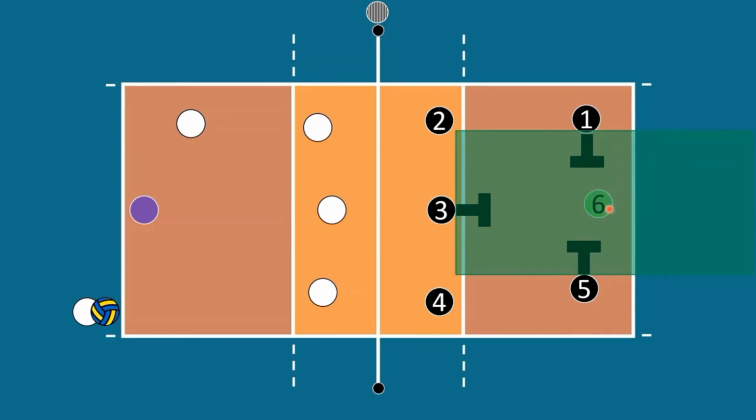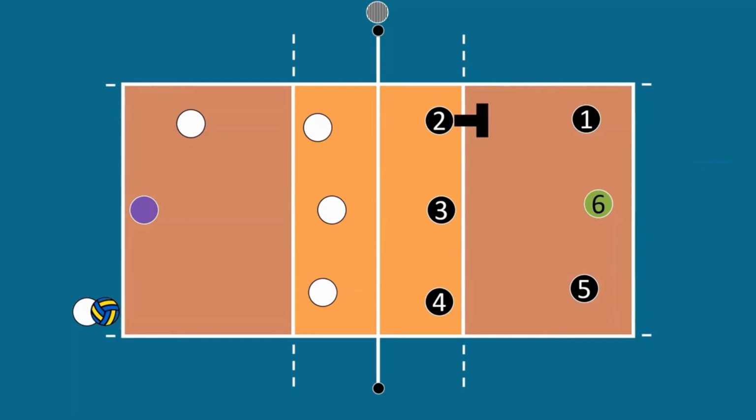For player 1, we look at the player in front of them, and there's no one on the right, so on the left. If player 1 stands in this area, then player 1 is in rotation. For player 2, we see that players 1 and 3 would be used.